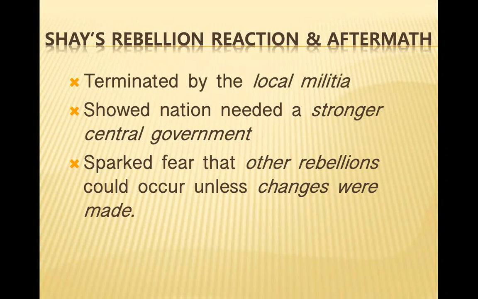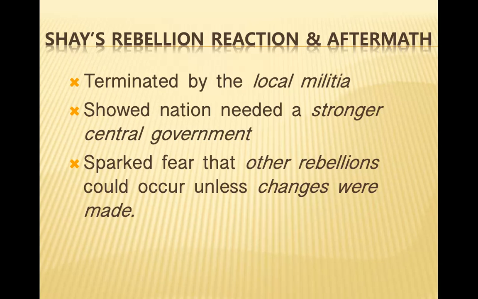So in summary, Shays' militia was in fact stopped by the local militia. And remember, militias are controlled by the government. It did show that a nation needed a stronger central government. So that was one of the consequences of Shays' Rebellion.